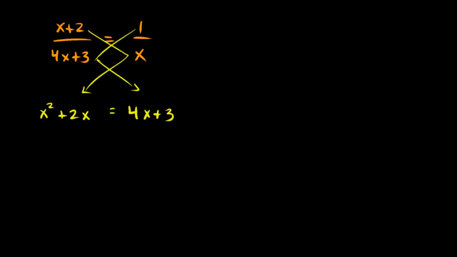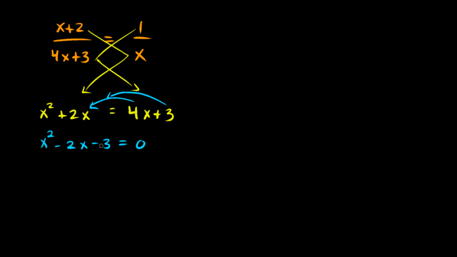Now we want to get everything on one side. So x squared, if I move the 4x over, I'm subtracting 4x from 2x, so I'm going to have negative 2x. And I'm moving the 3 over, so I'm going to have minus 3.